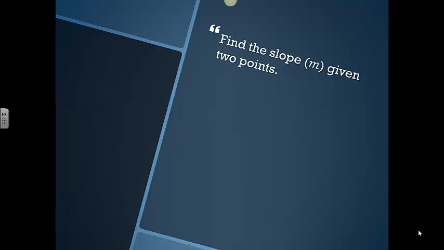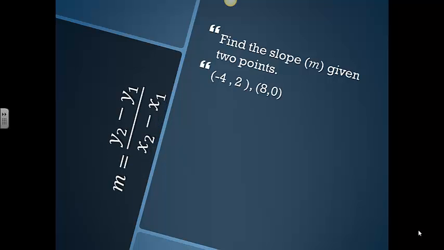So here I want you to find the slope given the points -4, 2 and the point 8, 0. All right, so again, you may want to label that first coordinate as x1, y1 and the second one as x2, y2. When we use the formula m equals y2 minus y1 over x2 minus x1, we have 0 minus 2 over 8 minus, and then in parentheses, a -4.